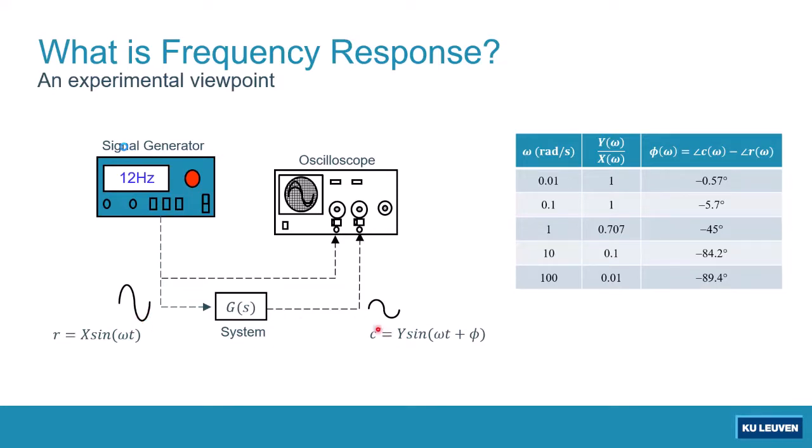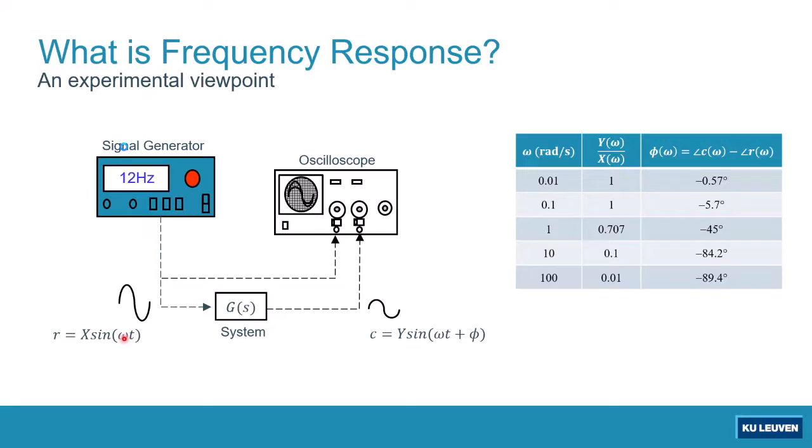So for instance, at the first step, you keep the amplitude constant. Let's say you put it equal to 1, and then you excite this system with a harmonic input with amplitude 1, but at a certain frequency.